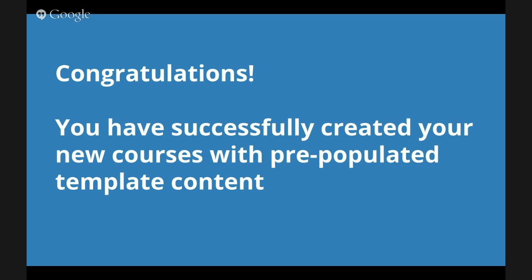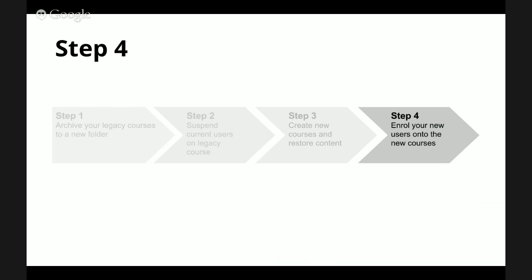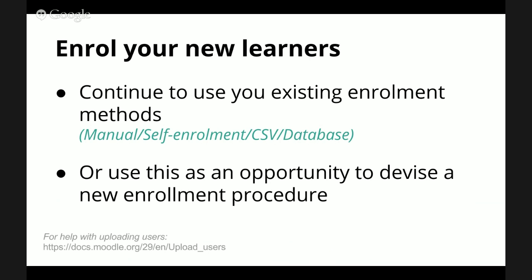So now we're down to the 4th and final step in the course rollover process. And this is step 4. So all that's left now is to enroll our new users, our new intake of students onto the new courses for the start of the new term. And the good news here is that you can continue to do the same enrollments that you do already.